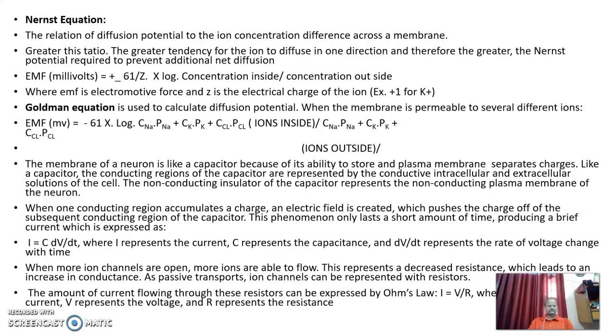The greater the ratio of concentration of a particular ion outside and inside, the greater the EMF, which is equal to plus or minus 61 by Z into log of concentration inside over concentration outside of that ion. Here EMF is the electromotive force and Z is the electrical charge on the ion. For example, for potassium it is plus 1.